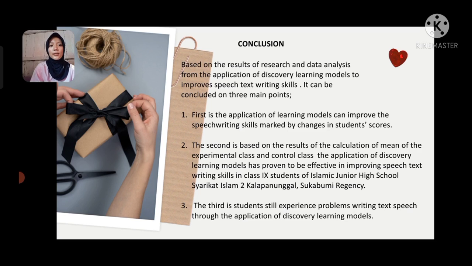The second, based on the calculation of the mean of the experimental class and control class, is that the application of discovery learning models has proven to be effective in improving speech text writing skills in class 9 students of Islamic Junior High School Syarikat Islam 2 Kalapanunggal, Sukabumi Regency. And the third is that students still have problems writing speech text through the application of discovery learning models.